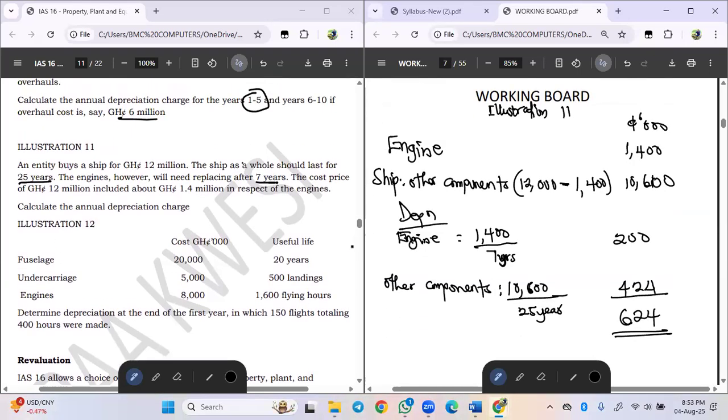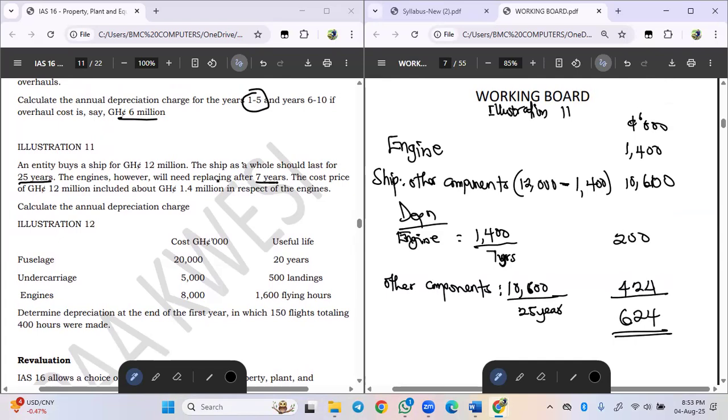So the ship as a whole has a useful life of 25 years, but the engine will need replacing after 7 years. So that means the engine alone cannot meet the useful life of the ship as a whole, 25 years. So you cannot depreciate them all over 25 years. You have to take the engine out.